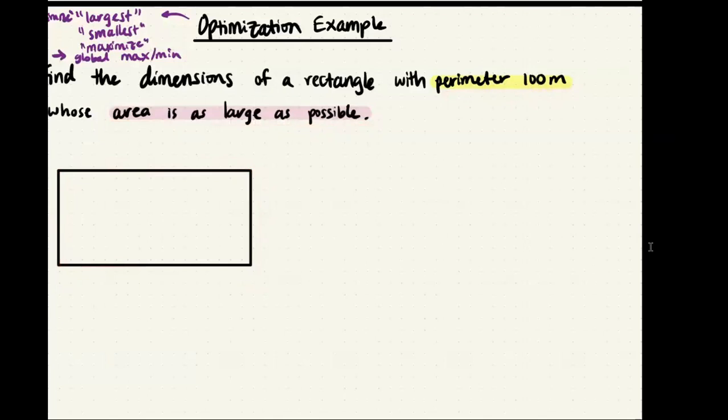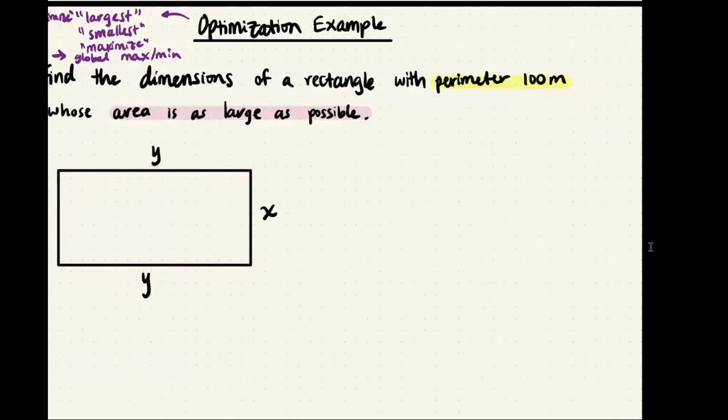Now, a rectangle has sides where the opposite sides are the same length. So I'm going to call the two sides here x and x. The other two sides might be of different length than these vertical sides, so I'm going to give these a different name. I'll call them y and y, but they will have the same length as each other, right? The opposite sides will be the same length.